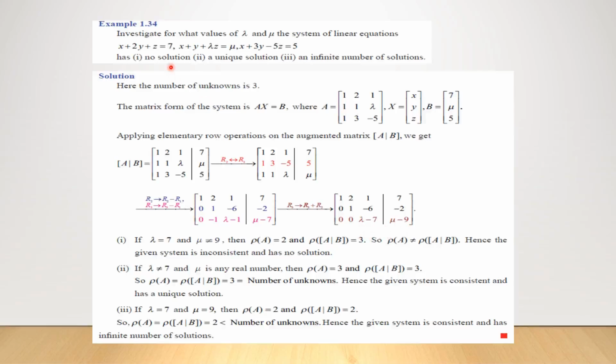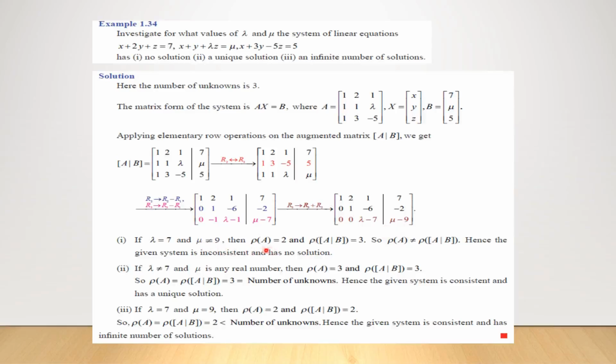For no solution, the rank of A is not equal to the rank of AB. That is, this value is 0 and this value is not equal to 0. This lambda minus 7 equal to 0 means lambda is 7. This mu minus 9 not equal to 0 means mu is not equal to 9.